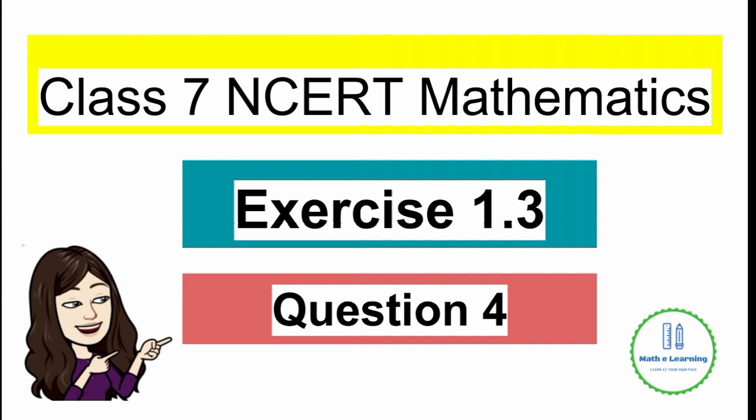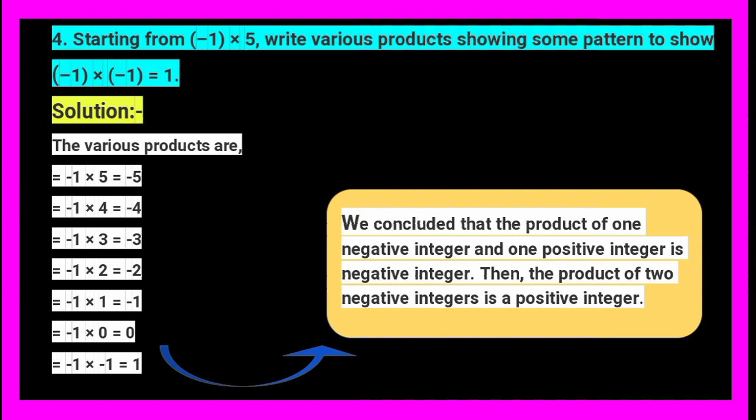Now question number 4 is, starting from minus 1 multiplied by 5, write various products showing some pattern, up to minus 1 multiplied by minus 1 is equal to 1.